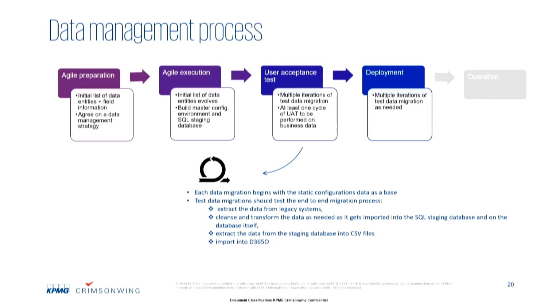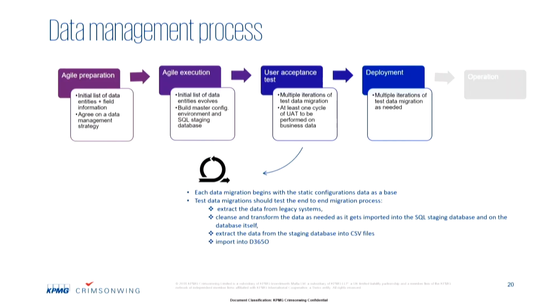In the next phases, which are user acceptance and deployment, multiple test data migrations are going to be performed. We have to perform as many test data migrations as needed to ensure a smooth data migration during the cutover window to the production environment. Each test data migration should contain the full end-to-end process.